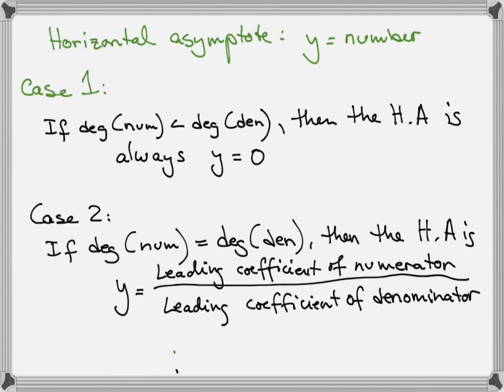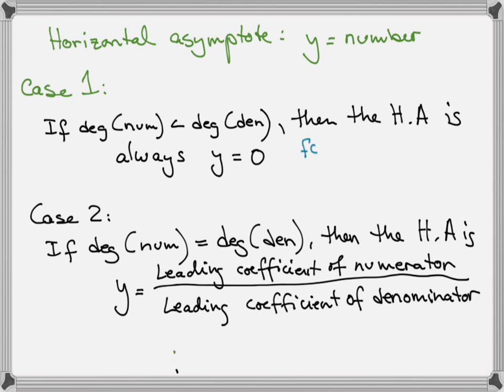If the degree, meaning the exponent, in the numerator is smaller than the degree in the denominator, then the horizontal asymptote is always y equals 0.